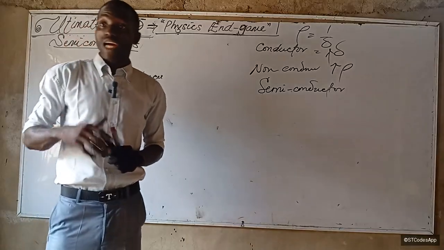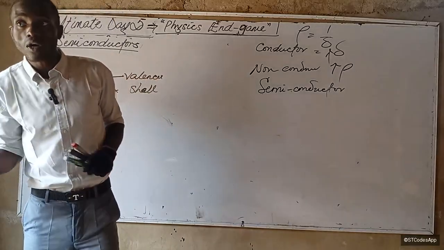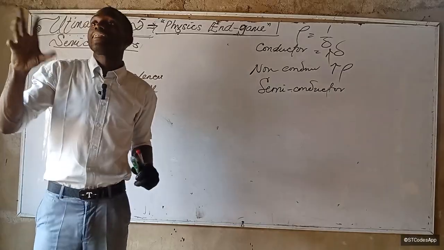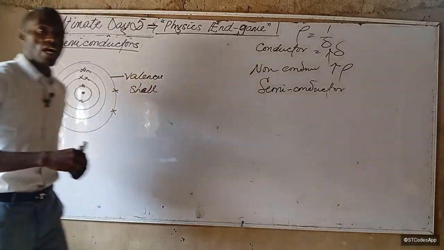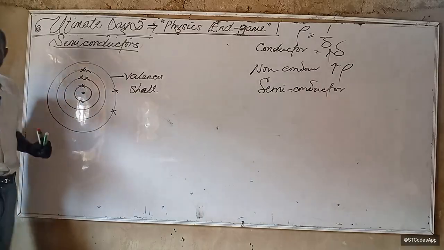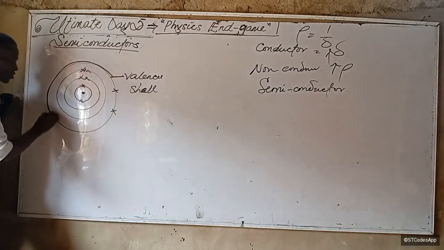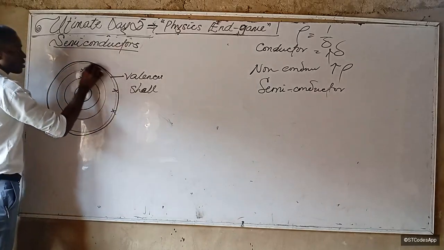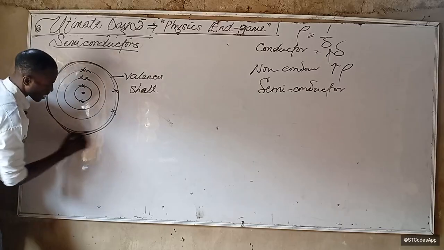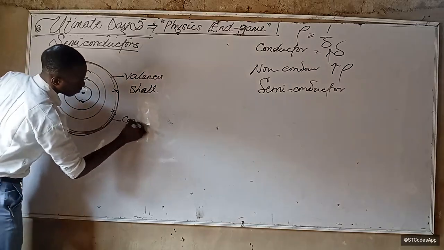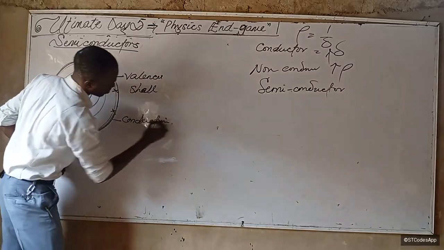And so that's why a conductor is able to conduct electricity. What do you mean by they are free to move? Beyond this energy level, there is another energy level that is known as the conduction band. So this thick one I'm drawing here is the conduction band.